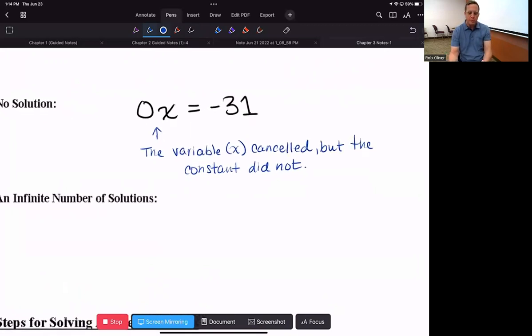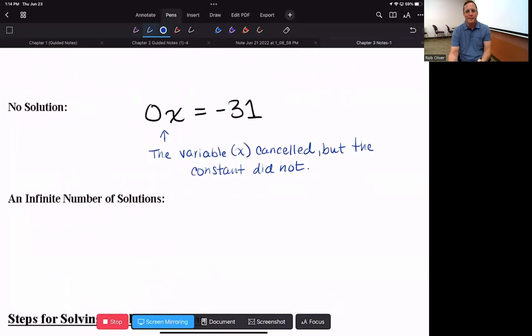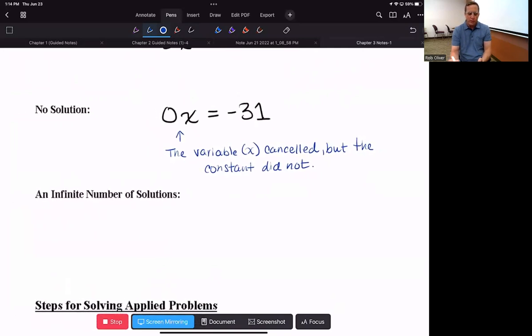So what I wrote down there was the variable canceled, but the constant did not. So that's what you're going to kind of look for.